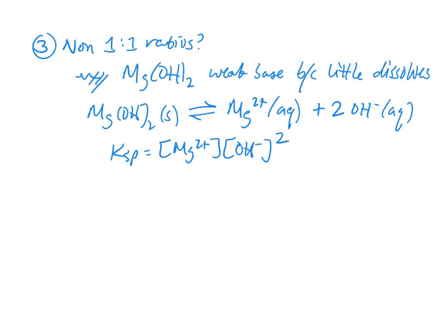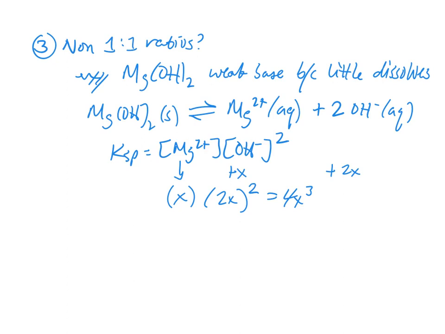And then if we went into an ICE box situation, which we'll probably talk a little bit about, Mg2+ would be going up by x, OH- would be going up by 2x, and that would mean that I would be plugging in x here and 2x quantity squared there because it's both doubling the molarity and has that exponential effect. And so you would get this 4x cubed situation being equal to KSP. And that's different than the nice easy x squared that you get from 1-to-1 ions.